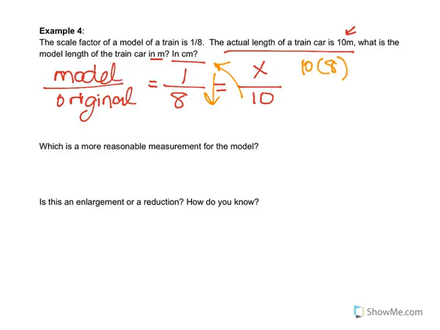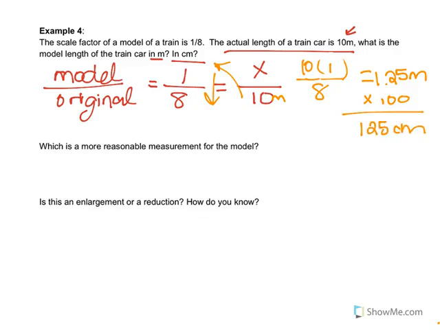So we have 10 times 1 divided by 8. I said that backwards at first. We should get 1.25, and our answer would be in meters because we started with meters here. To change it to centimeters, we'll times by 100, so it'd be 125 centimeters. Which is more reasonable? The centimeters.